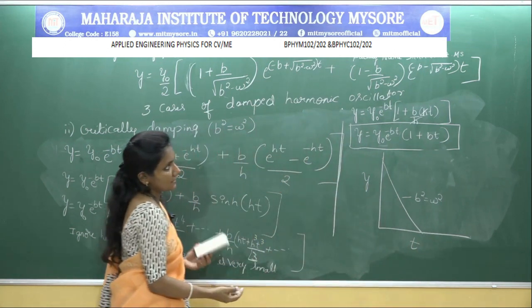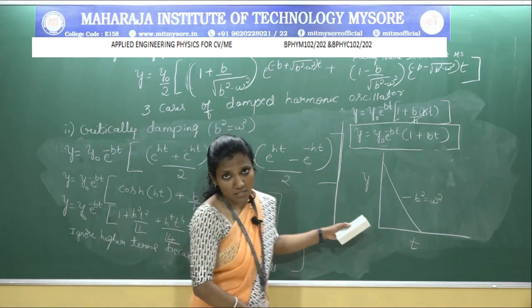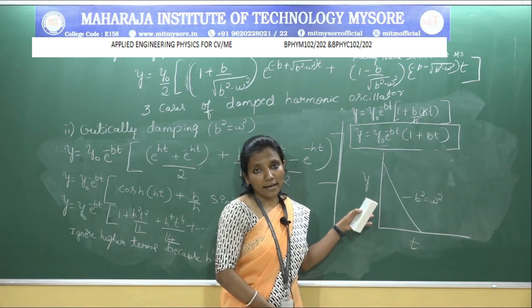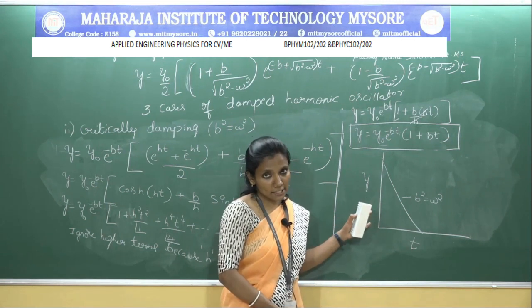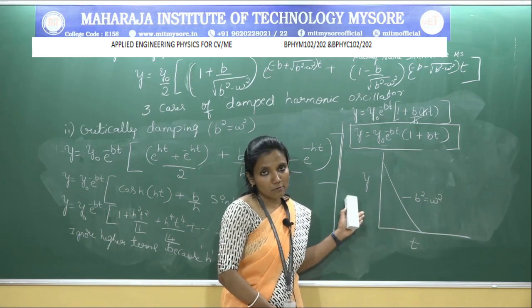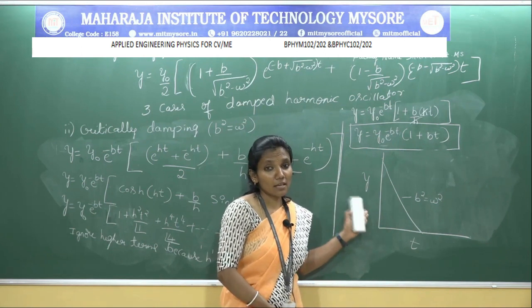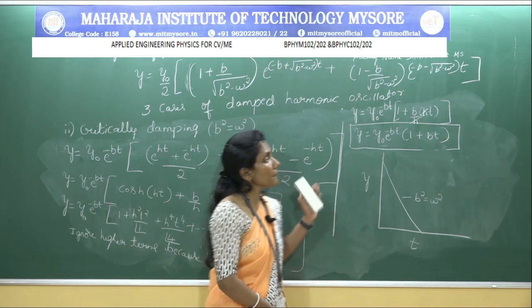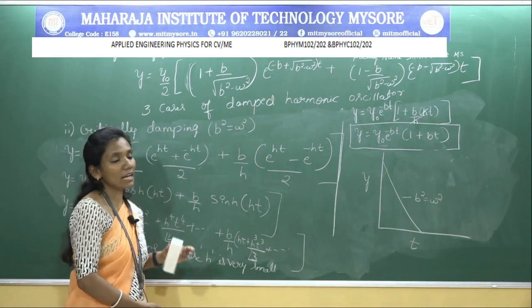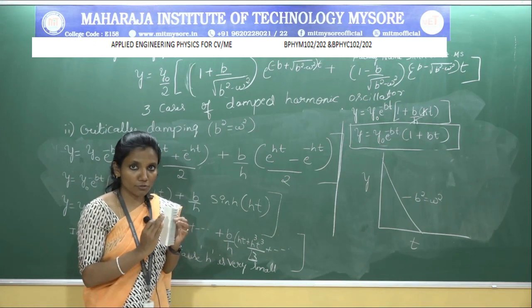So what does critically damped mean? It is the condition under which the restoring and resistive force acting on a body are such that the body quickly comes back to halt at the equilibrium position within a minimum time. But in the case of over damping, it will take maximum time to come back to its initial position.